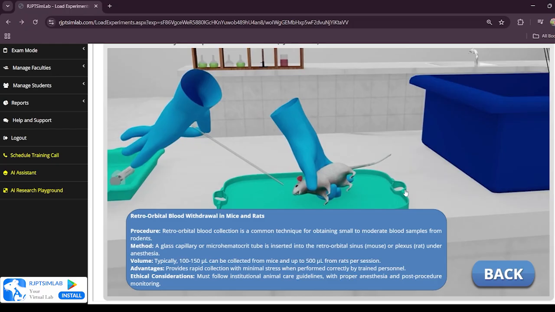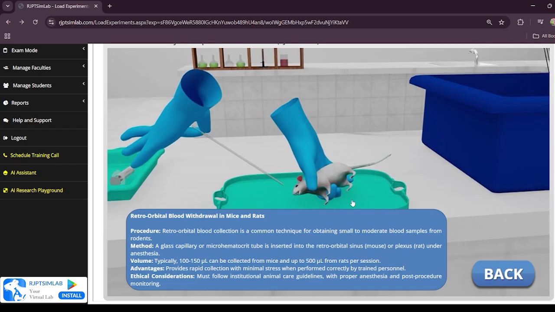We have to handle them very gently, and then with the help of a capillary tube, we will collect our blood sample. We will slowly insert this capillary tube inside the retroorbital sinus of the mouse, or in case of a rat, inside the plexus under the eye portion.